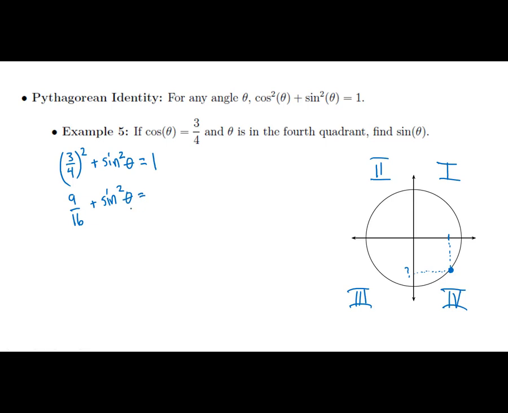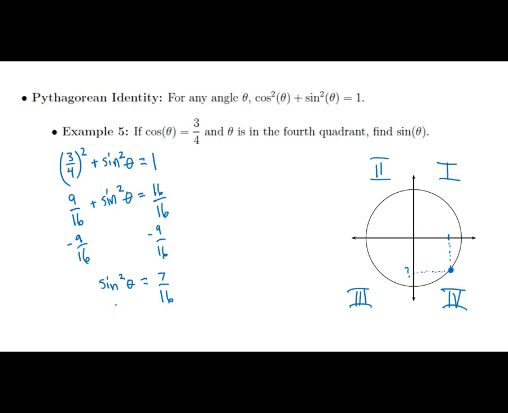And I can think ahead here. I can see that my next step is going to be to subtract 9/16 from both sides. So while I'm at it, let's go ahead and make 1 16/16. So now I subtract 9/16 from both sides, and we get the sine squared theta is equal to 7/16.